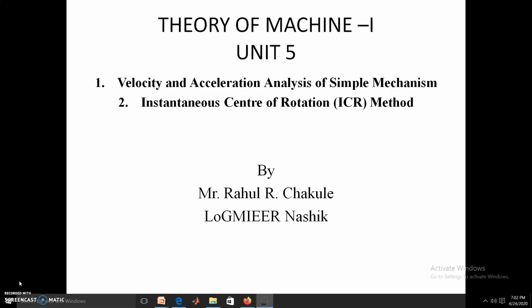Before going to see the second problem on slider crank mechanism, already we have discussed regarding the ICR in the previous problem. We have seen the properties of IC, then we have seen the types of IC, then how to calculate the total number of IC for a given mechanism.